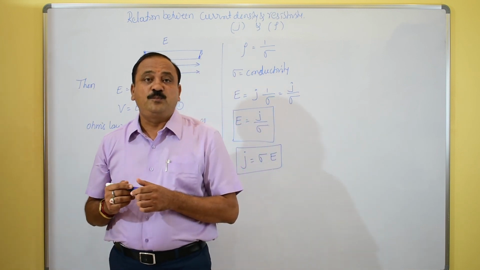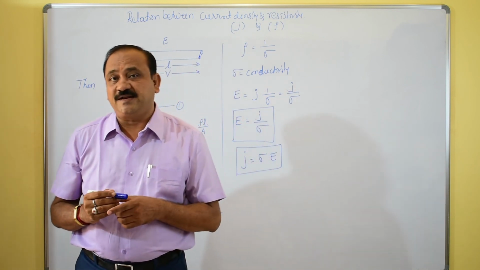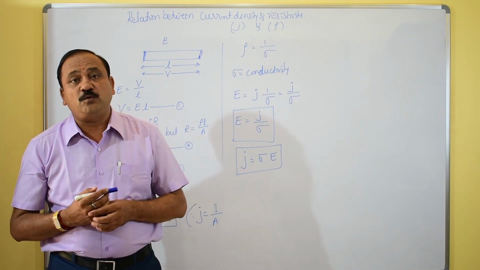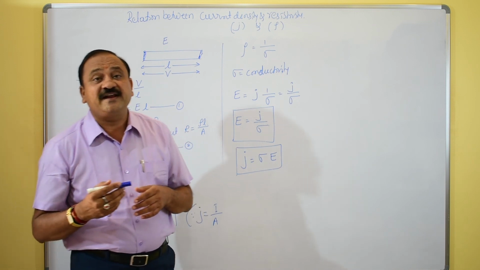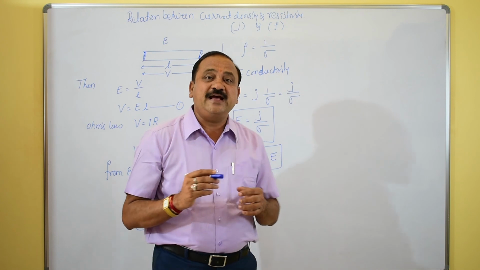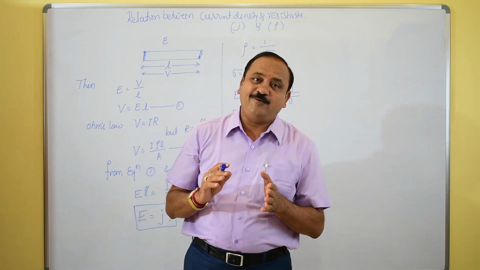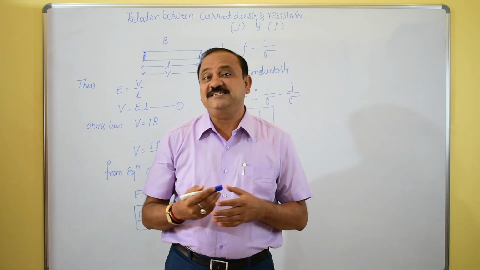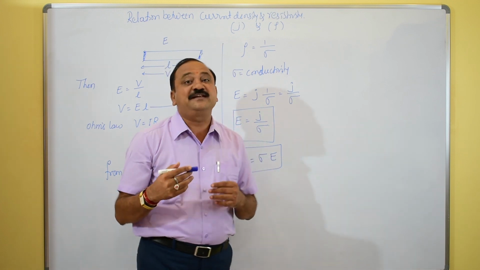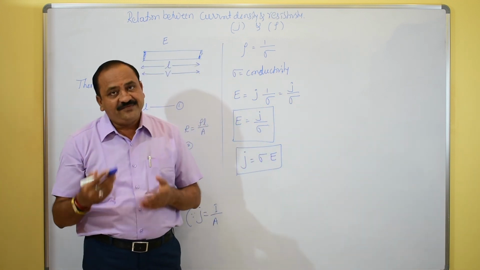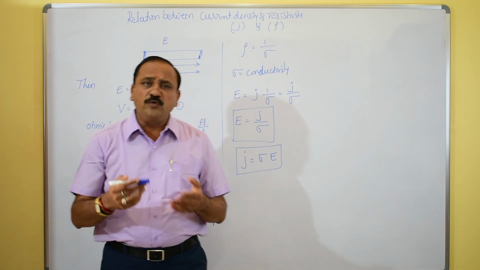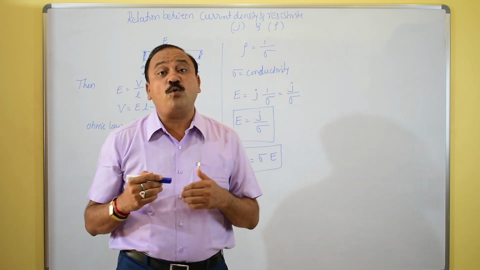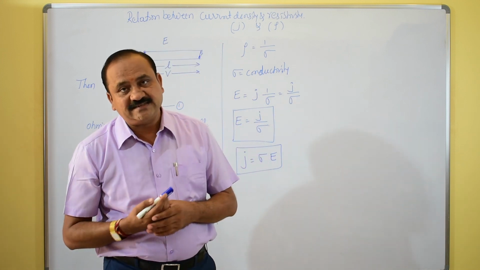Then the most important concept, Ohm's law: the statement of Ohm's law, and the relation connecting V and I. Then R, what is meant by resistance, what is meant by resistivity, what factors resistivity depends on, and how to visualize these things.